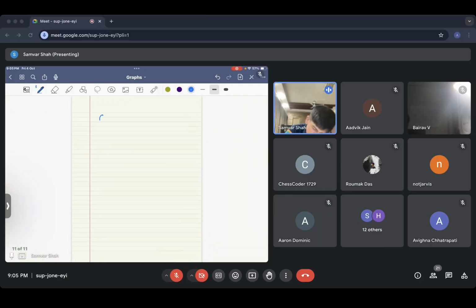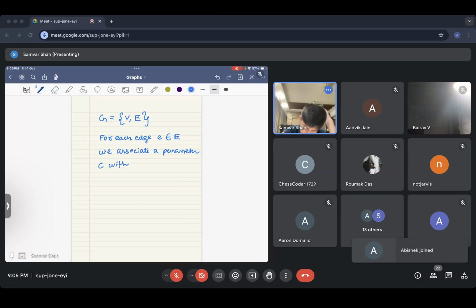If G is equal to (V, E), for each edge e belonging to E, we associate a parameter C with the edge e.